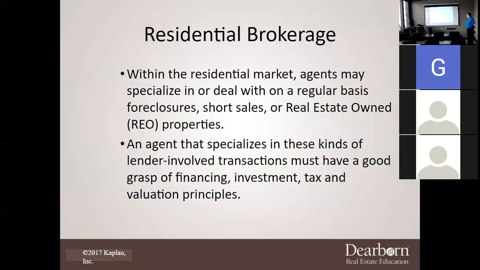Within the residential market, agents may specialize in or deal with, on a regular basis, foreclosure, short sales, that's Stefan's favorite, by the way, or real estate owned properties, which are called REOs. An agent that specializes in these kinds of lender involved transactions must have a good grasp of financing, investment, tax, and valuation principles.